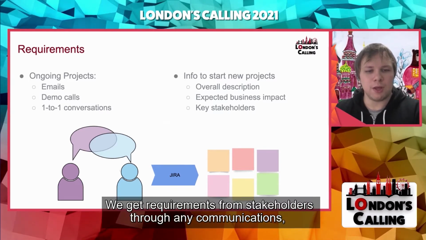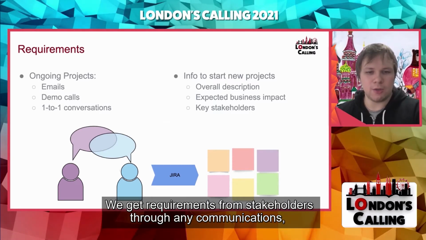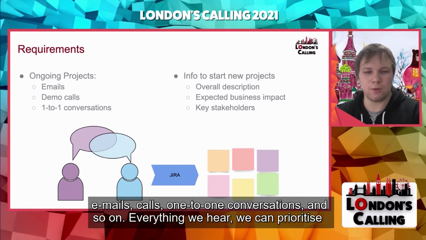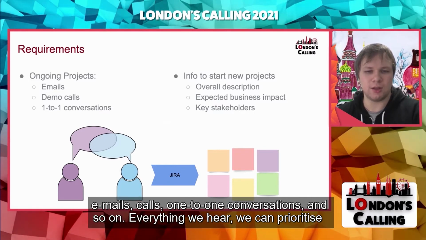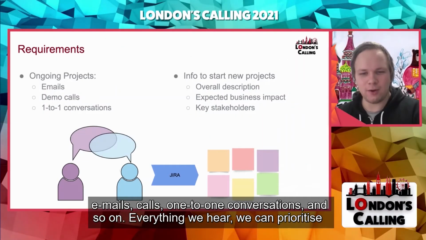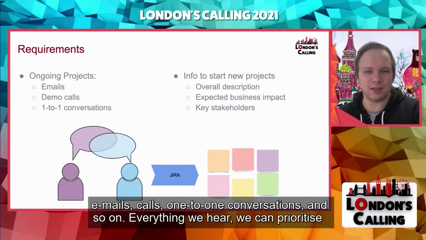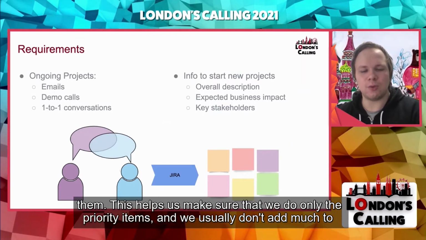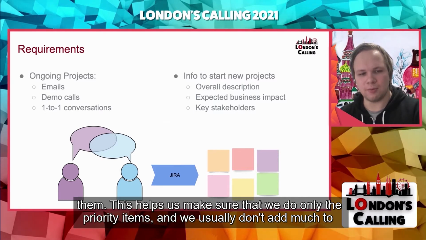We get requirements from stakeholders through any communication means: emails, calls, one-to-one conversations, and so on. Everything we hear, we convert to JIRAs and prioritize them often. This helps us make sure that we do only the priority items.